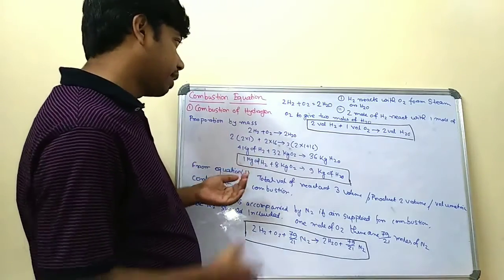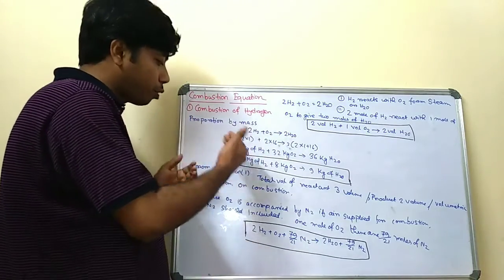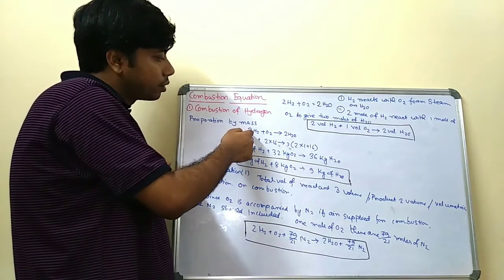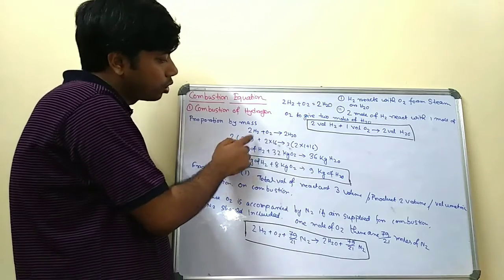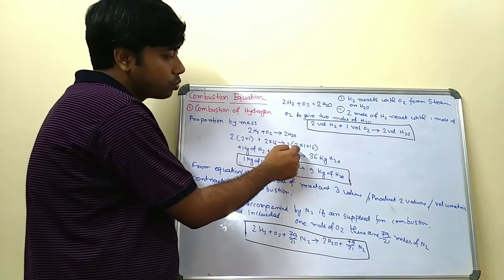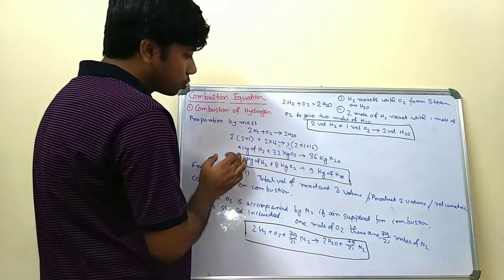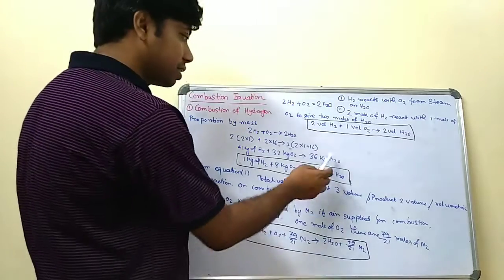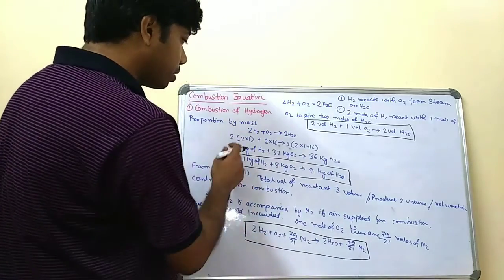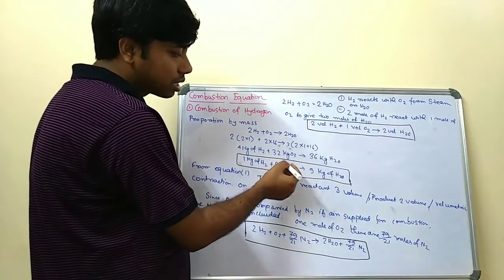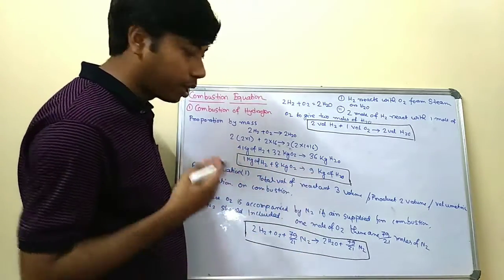If you analyze this by proportion of mass and by proportion of volume, 2H2 + O2 = 2H2O. The molecular weights are 2 into 1 for hydrogen, 2 into 16 for oxygen, and 2 into (1 + 16) for water. So 4 kg of hydrogen plus 32 kg of oxygen equals 36 kg of water. If you divide both sides by 4, that is 1 kg of hydrogen plus 8 kg of oxygen equal to 9 kg of water.